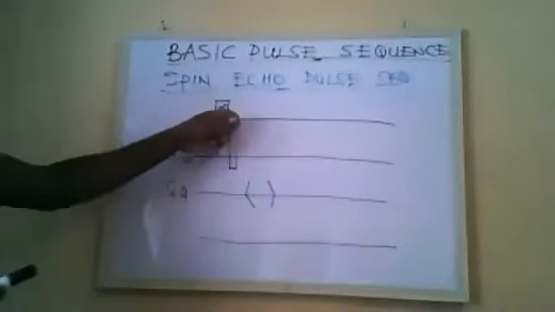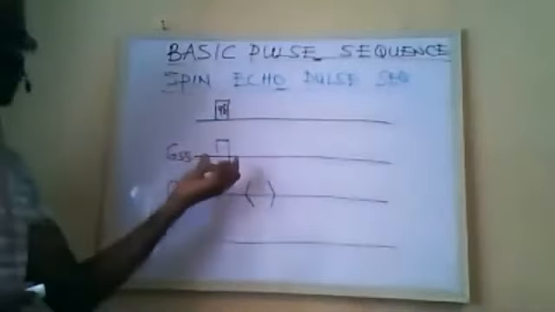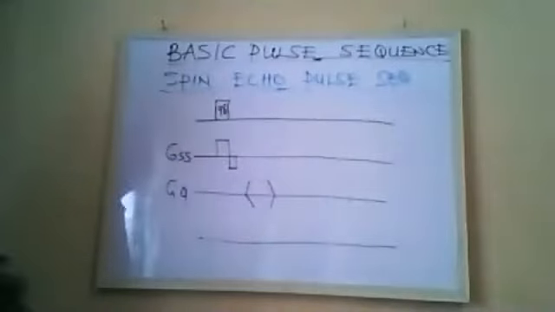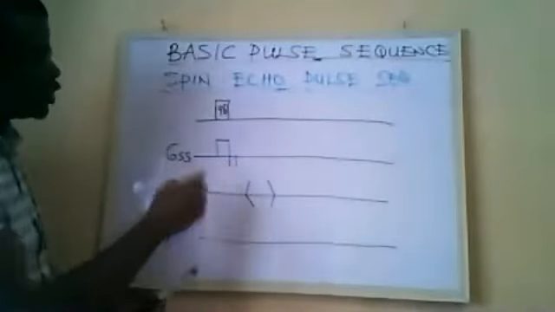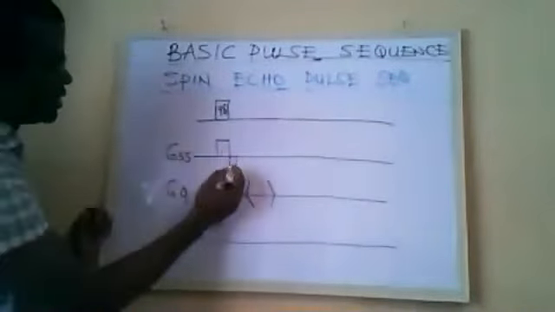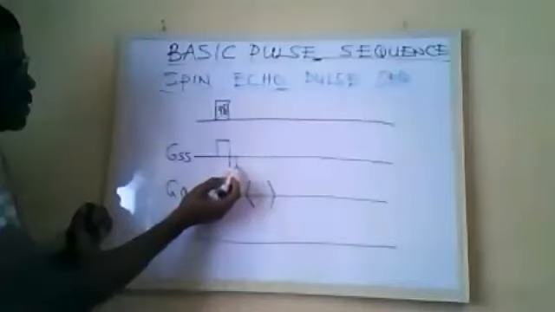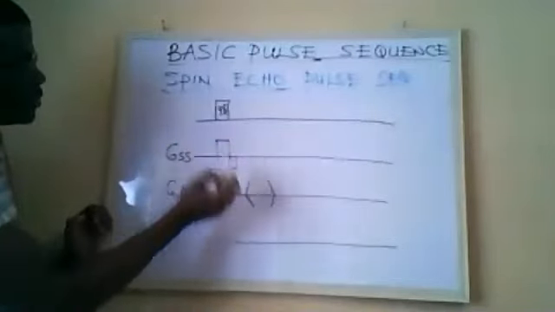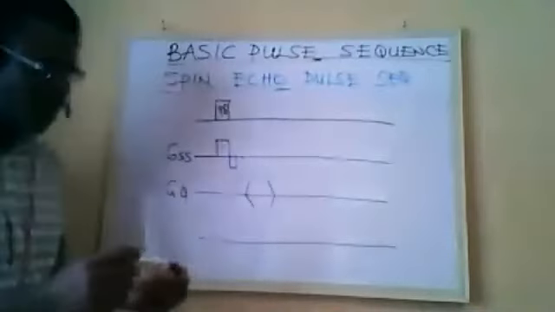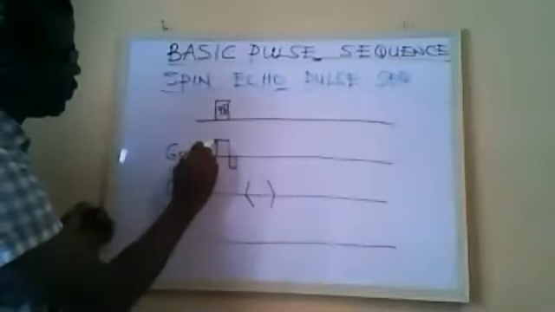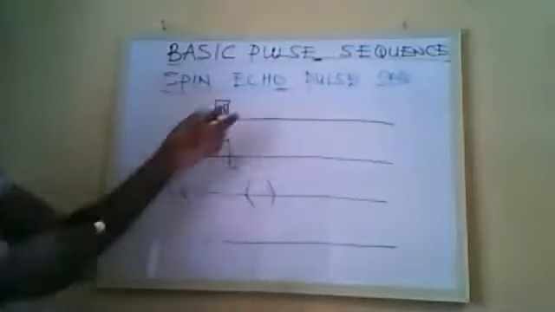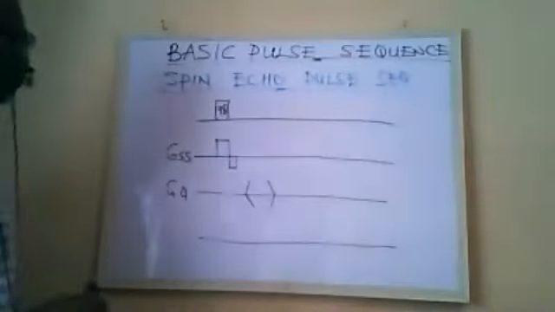After you apply the pulse, at the same time you select the slice. This diagram is not just there for fun. You can see this one is shorter than the first portion, the initial portion. It is so because the period for which we switch it on is approximately the time period for switching the 90-degree RF pulse on.